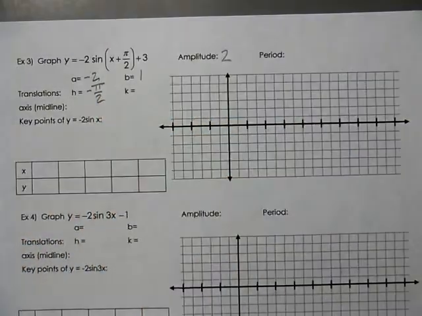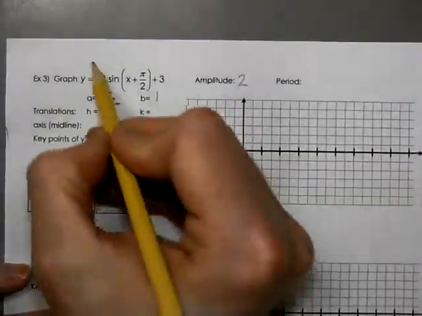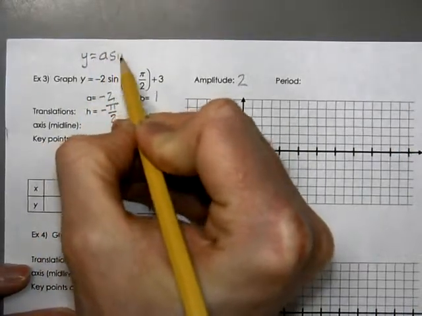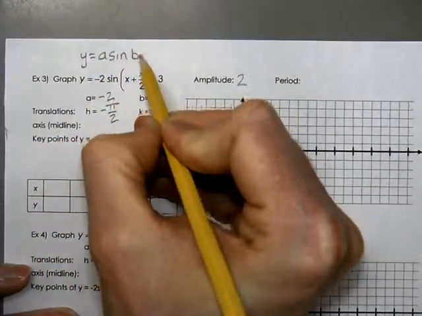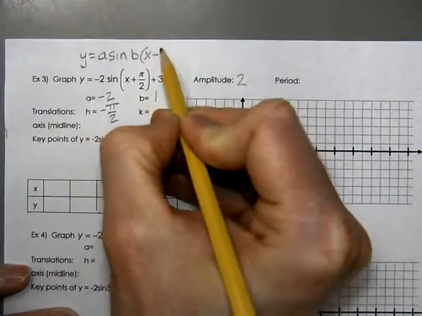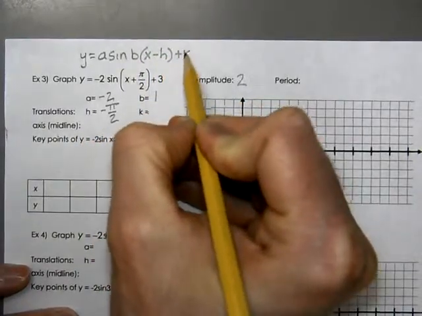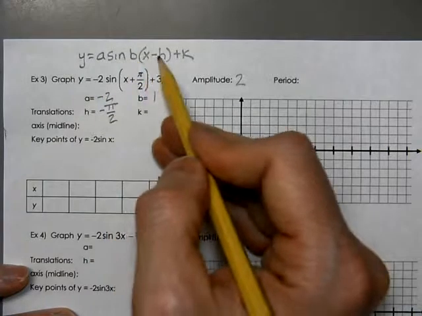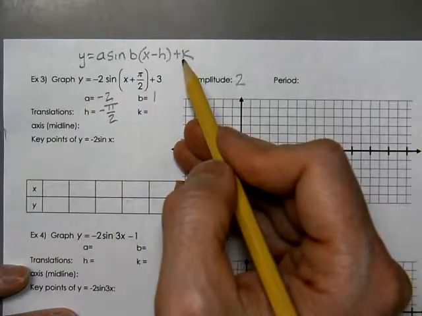We know that the h value is negative pi over 2. The way we know this is that our typical equation for sine is a sine b x minus h plus k.